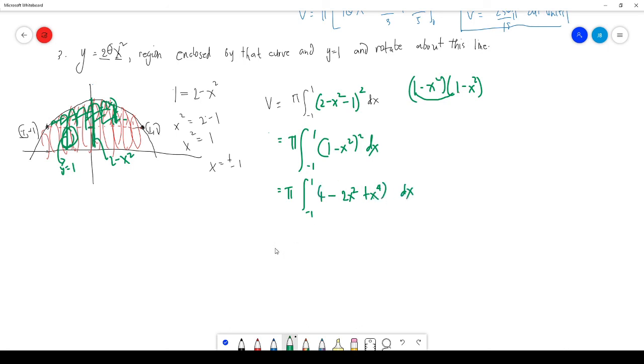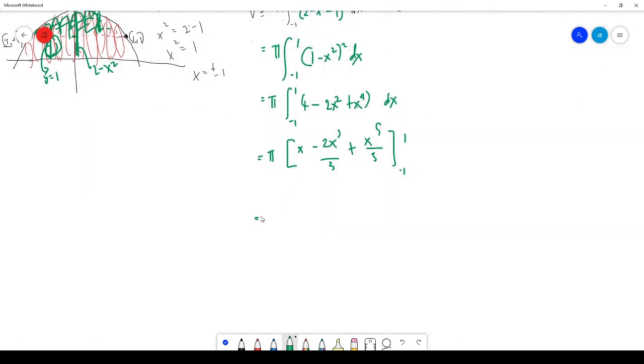Alright, so that's pi, from negative 1 to 1. Let's integrate it already, so that's x minus 2x cubed over 3 plus x to the fifth over 5, from negative 1 to 1.